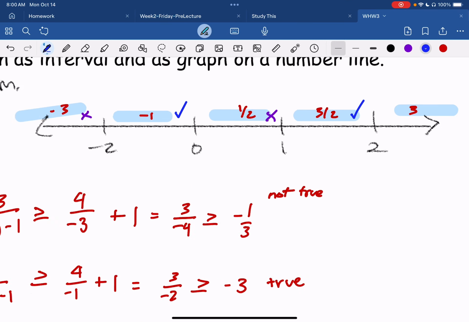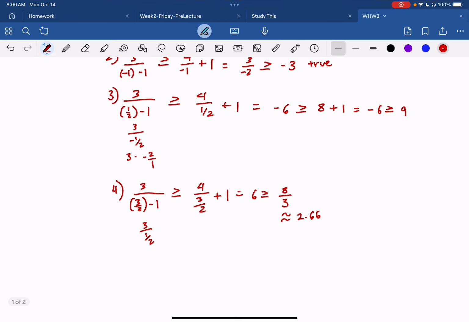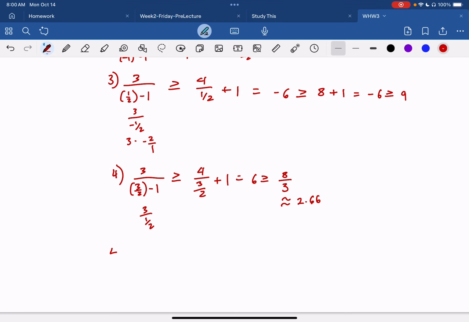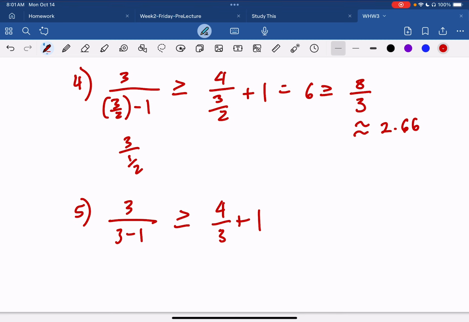1 to 2 works. Now we have to check for our fifth number, +3. So I plug in +3 into it. I basically get 3 over 2 greater than or equal to 1 over 1 is also 3 over 3, so it's 7 over 3.